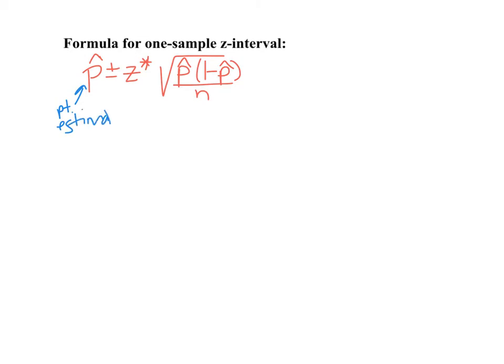Out of the things to remember in this, that is probably the least important, but it's a nice thing to remember if you can. The z star, remember, is my critical value. This thing right here is my standard error.